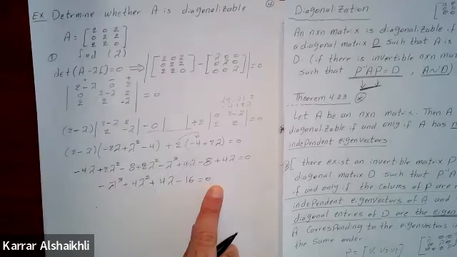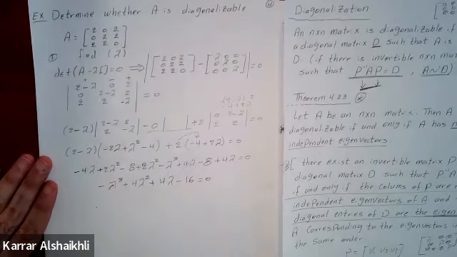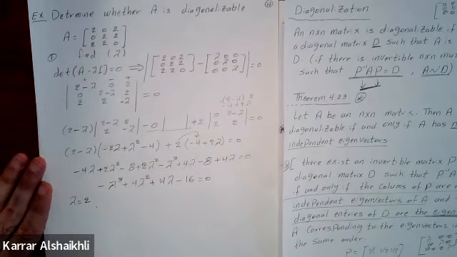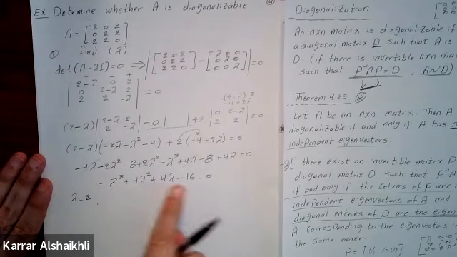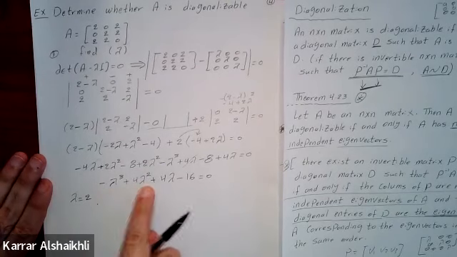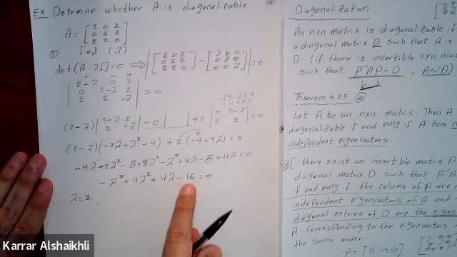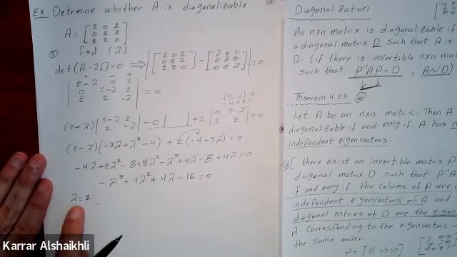If you say lambda equals 2 and plug in 2 here, everything is going to be 16 minus 16, which is equal to 0.